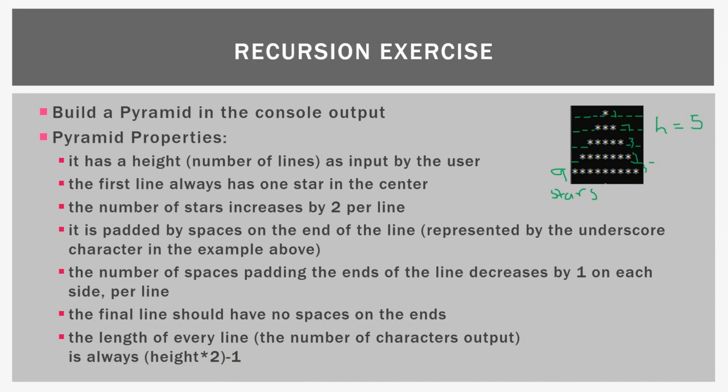So see if you can write a recursive function that can produce something like this, where you can call a write line method maybe, or whatever you choose to name it, that writes the line and then calls itself to write the next one.